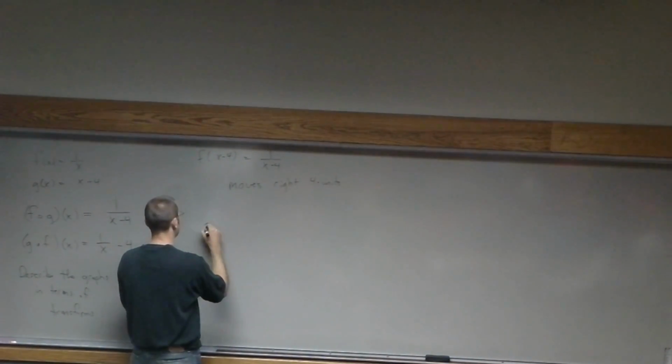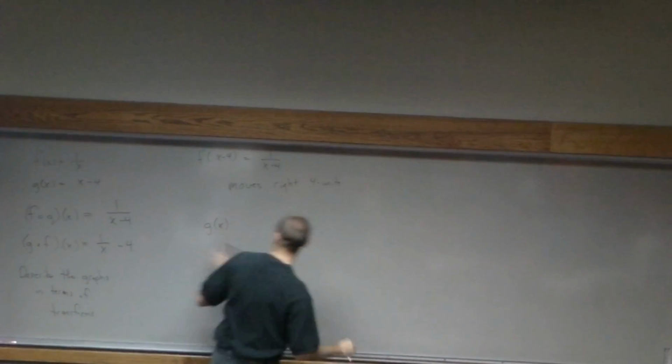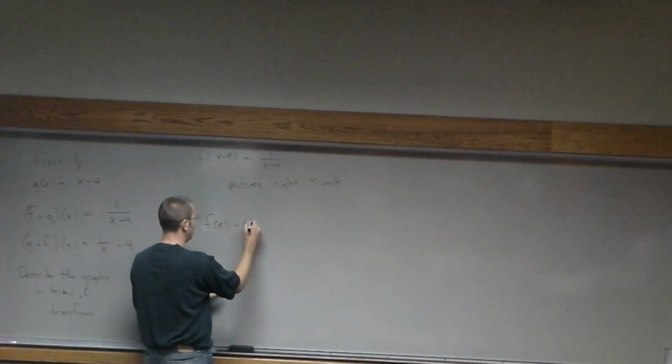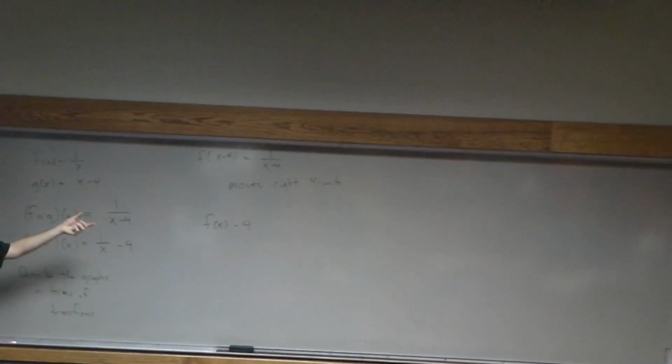The g circle f of x, this one can be interpreted as f of x minus 4, right? That's what g circle f of x looks like. What has that done to our graph?